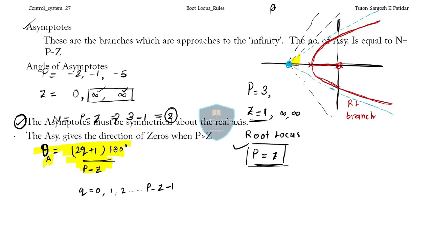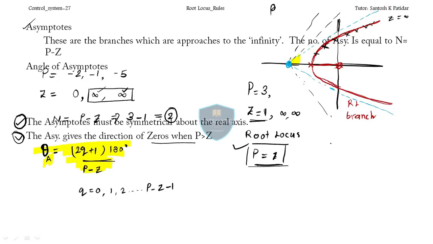Now the asymptote gives the direction of zeros. What is this asymptote showing?